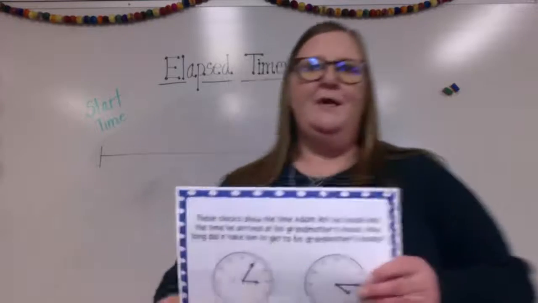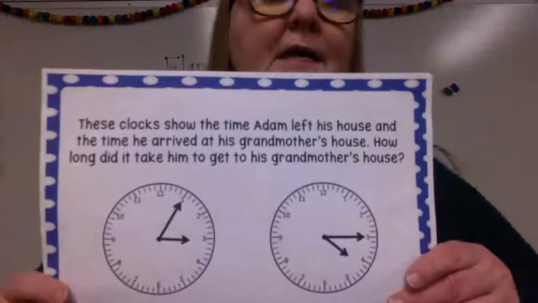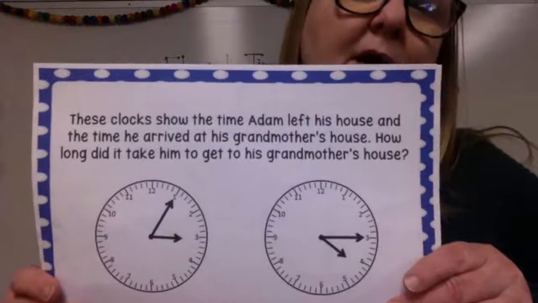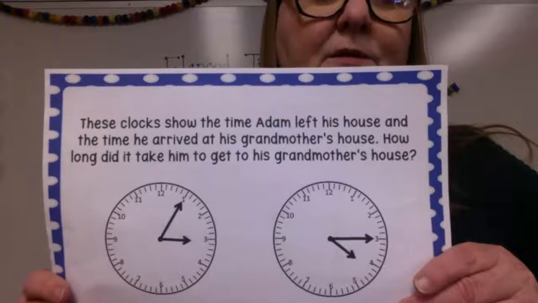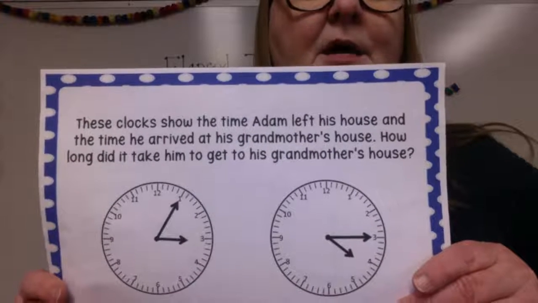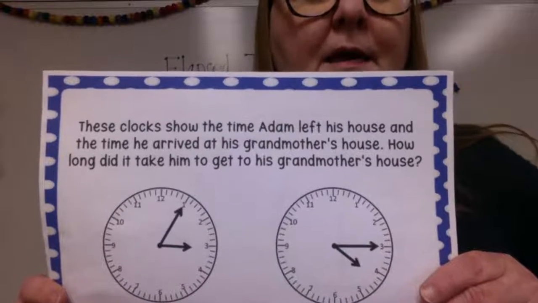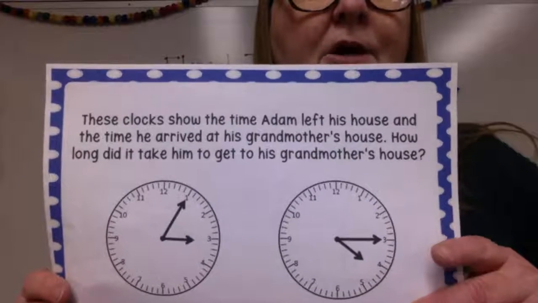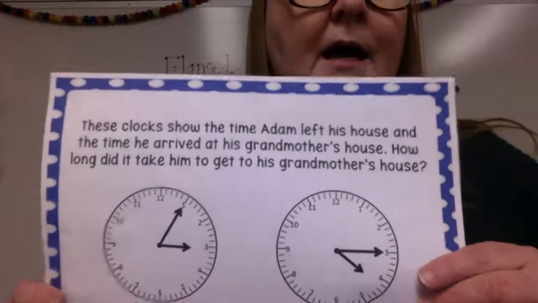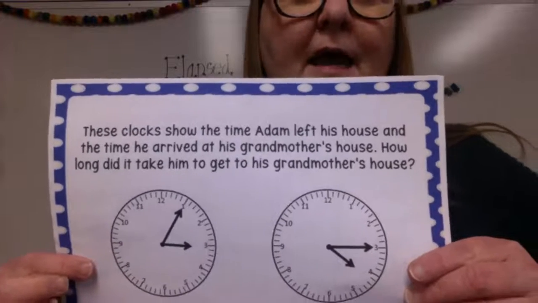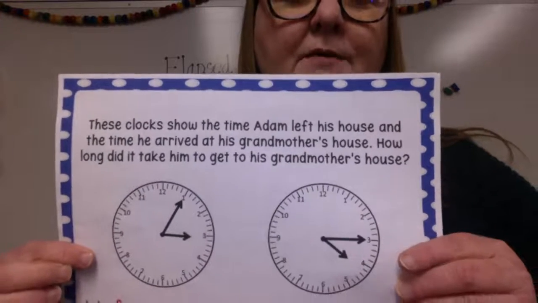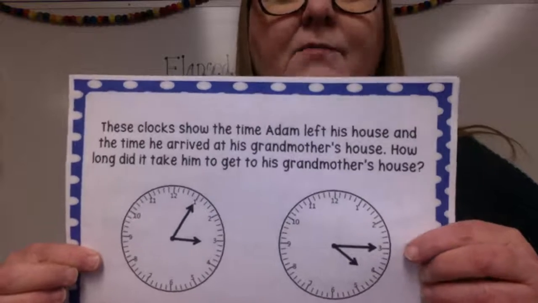So here we go. Here's our first question. It says, these clocks show the time that Adam left his house and the time he arrived at his grandmother's house. How long did it take him to get to his grandmother's house? Now, if we look, the start time is over here, and the start time is 3:05. And the time that he got to his grandmother's house is over here, and it is 4:15.